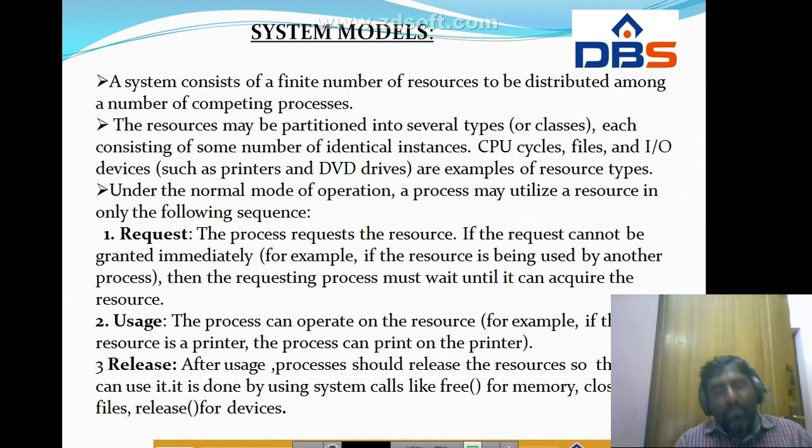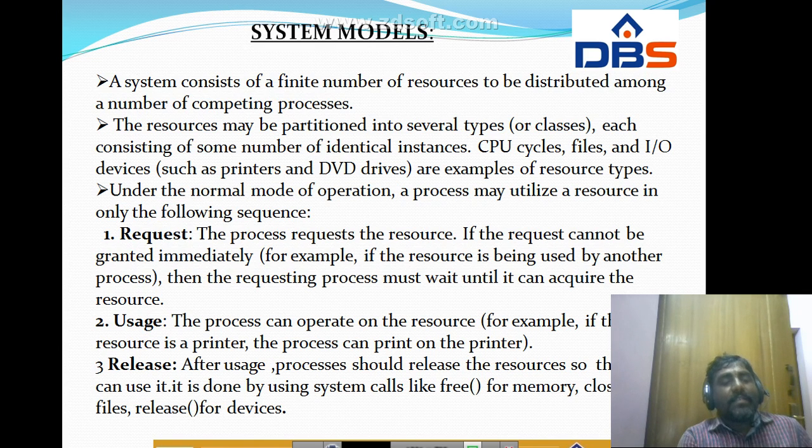CPU cycles, files, and I/O devices are some examples of resource types. If a system has two CPUs, then the resource type CPU has two instances. Similarly, the resource type printer may have 5 instances.